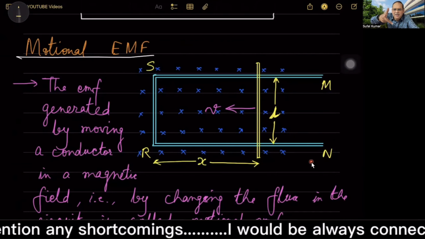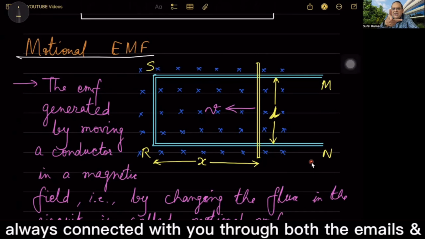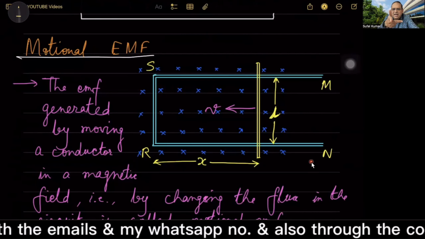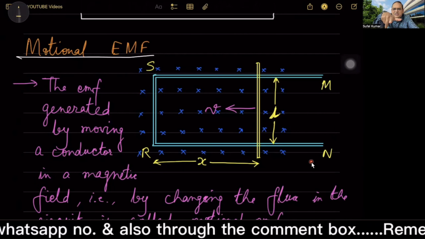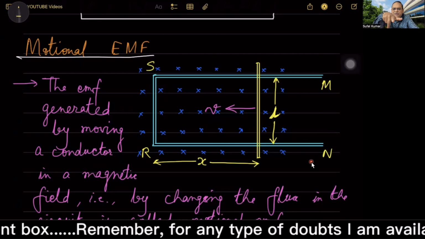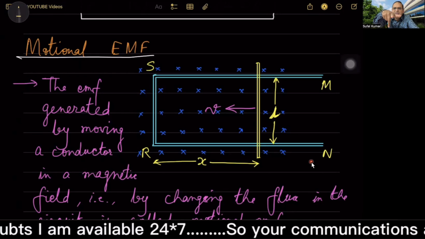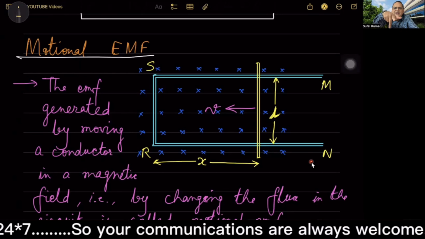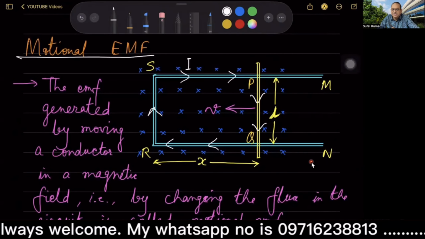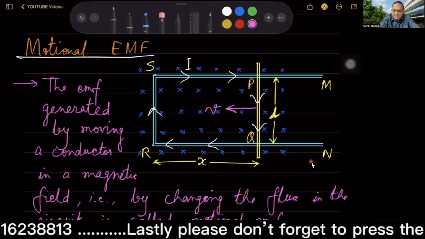Now, I'll be considering this. The field is into the plane of my laptop, and this thumb is pointing towards the motion direction of the rod, which is leftward, and the direction of induced current comes out across the PQ end. This is the induced current.